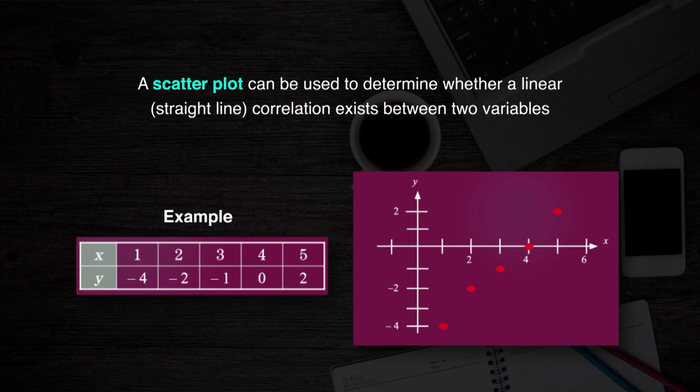If you see this particular image, we have two variables: 1, 2, 3, 4, 5 as far as x is concerned, and then the values of y, some of which are negative, some positive, and some 0. So -4. With the help of that, we have started plotting a scatter diagram. As far as the y variable is concerned, in front of -4 we have put one red mark, and in front of -2 we have put one red mark.